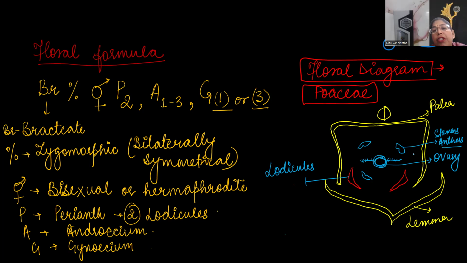So after finishing the vegetative characteristics, root, stem and leaves, flowers, inflorescence, and the other characteristics in detail, now we will be focusing on the economic importance of the family. What is the economic importance of Gramineae family?